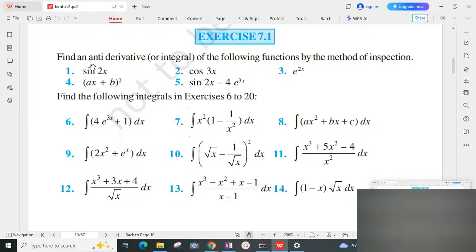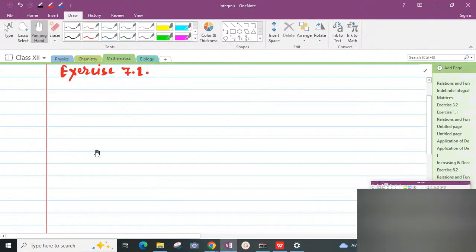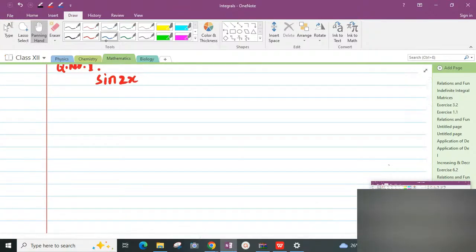Find an antiderivative or original of the following functions by method of inspection. Let's see question number one, sine 2x. Let's see the solution of this question.